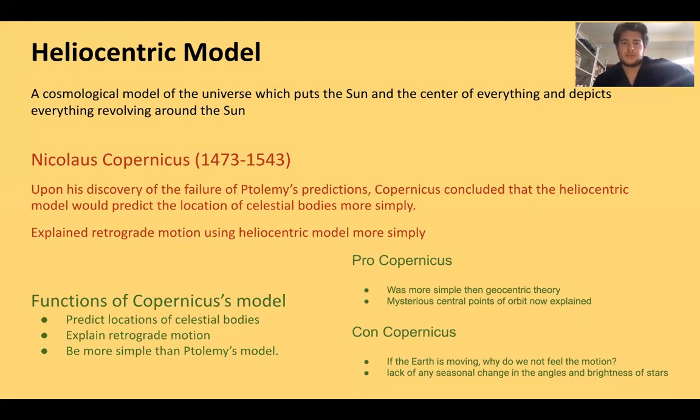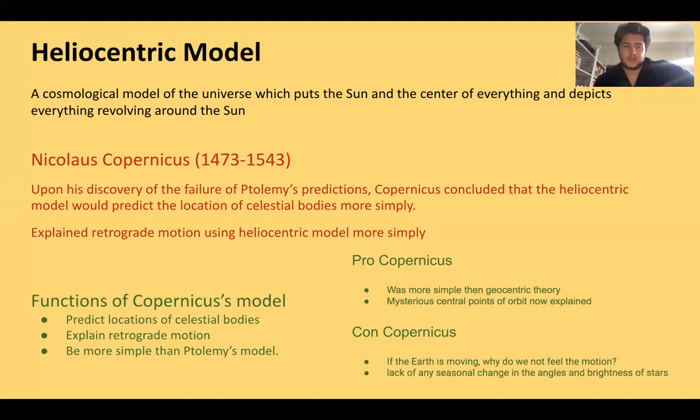So unfortunately, Copernicus' model did not predict the location of the celestial bodies any better than Ptolemy's model. This is due to the Greek tradition of assuming orbits are a perfect circle instead of the shape of an ellipse, which is what is true.